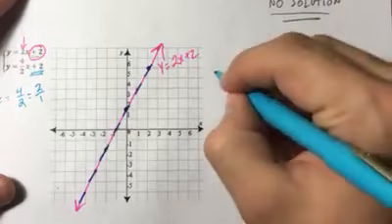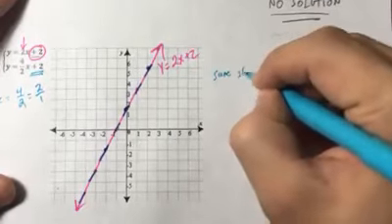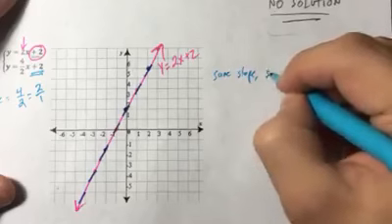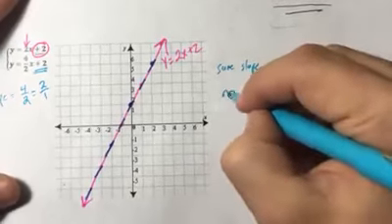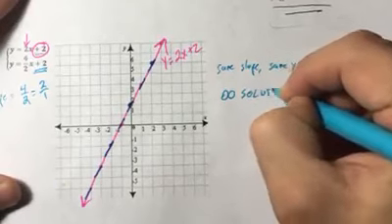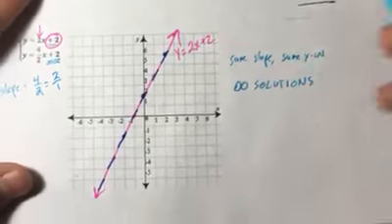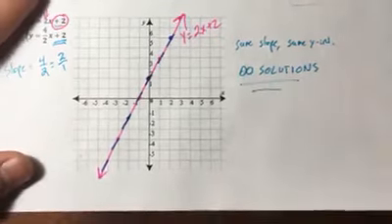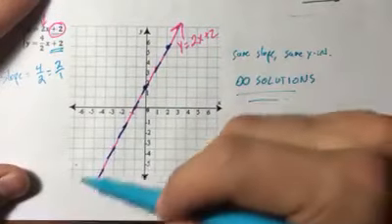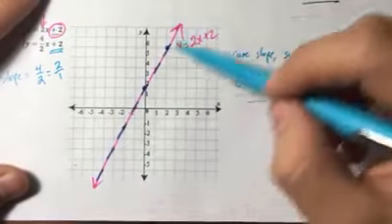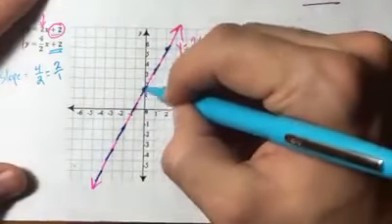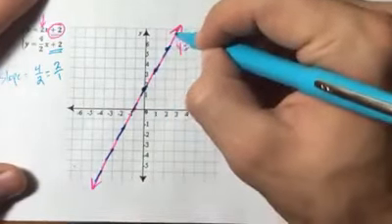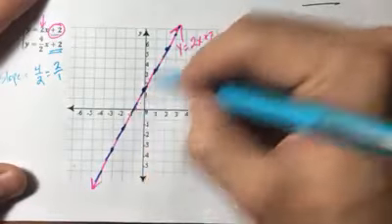And that's because when we have the same slope and the same y-intercept, we have infinite solutions. And by infinite solutions, I mean that these two lines intersect at every single point. They're exactly the same line, and no matter what value we pick, we can pick any point on this line. It's going to satisfy both equations.